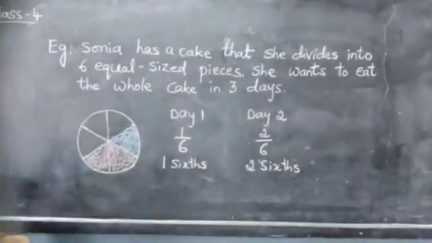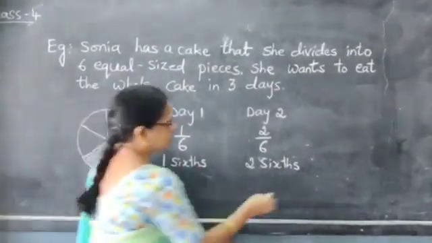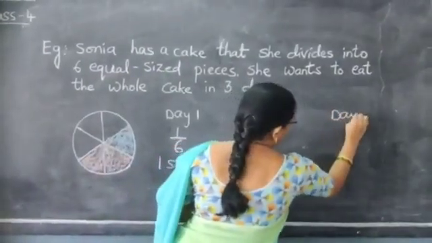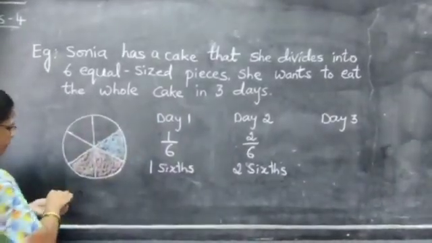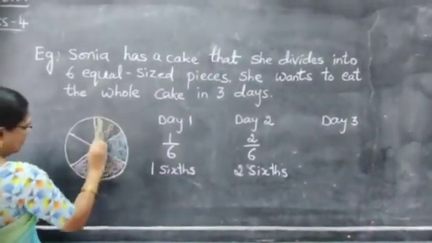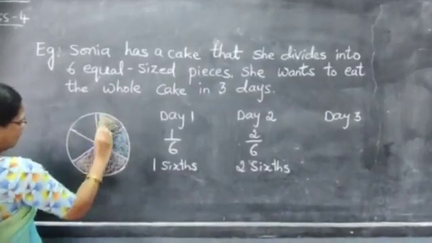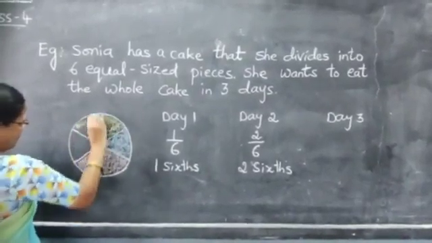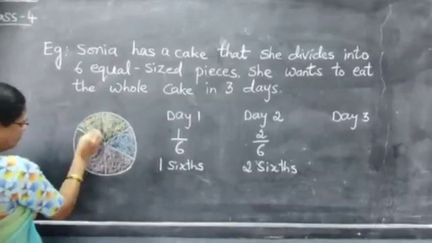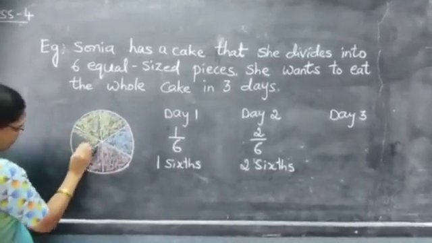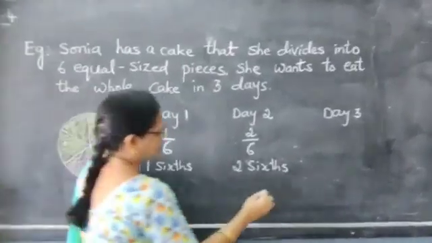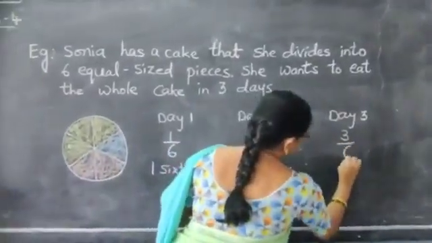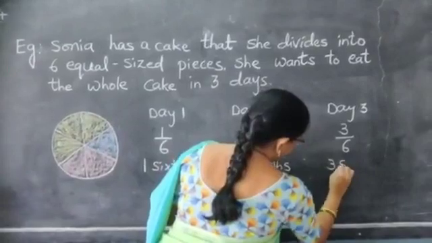Now day 3, she eats 3 parts. So that is 3 by 6.